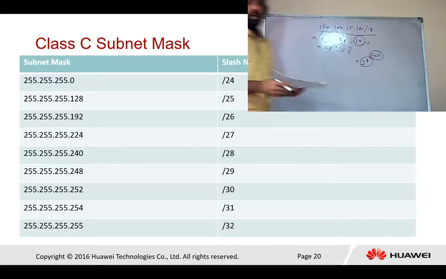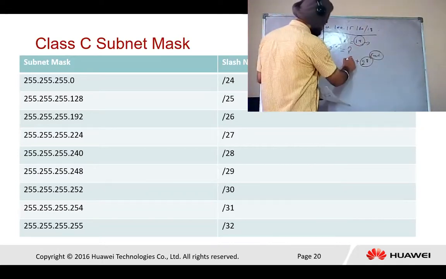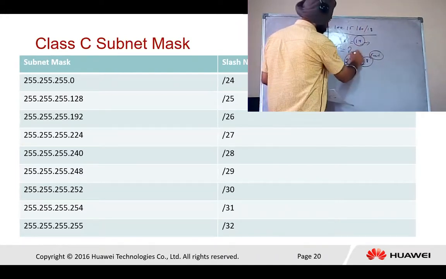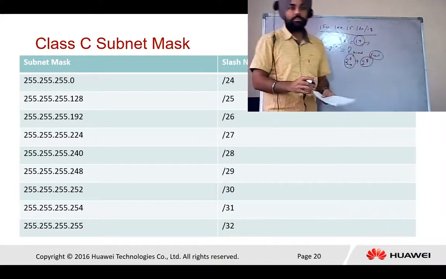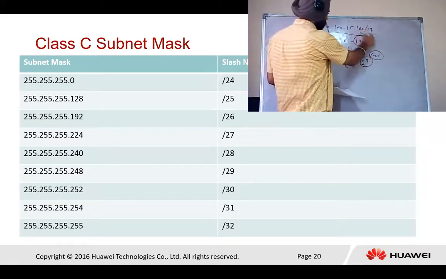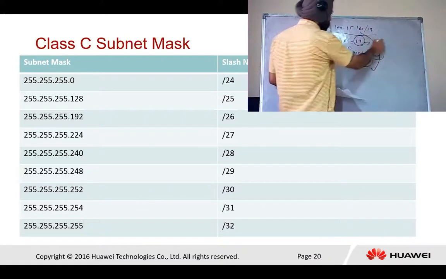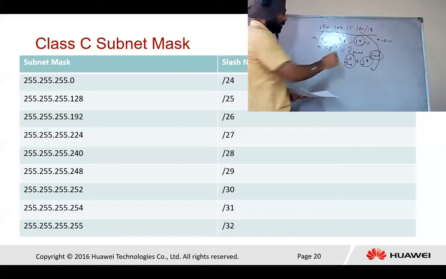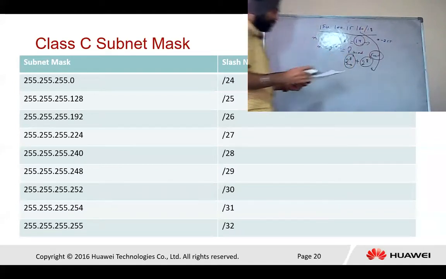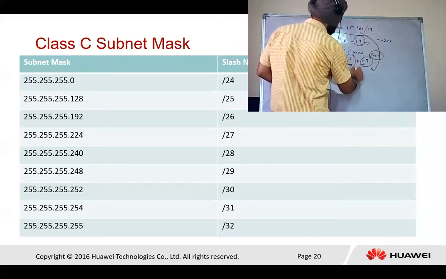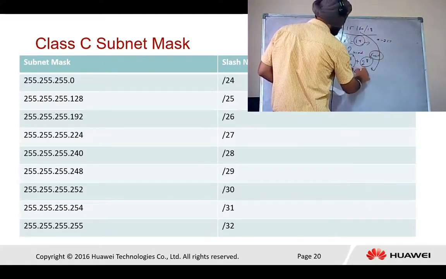And what about the other 6? 2 raised to the power 6 for the second octet. The first octet value is from 0 to 255. And 2 raised to the power 6 is specifically 64.